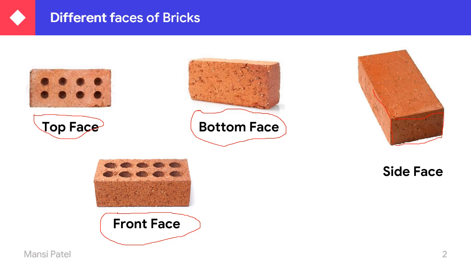Now here we can say this is also the second side face of the brick. So two side faces of brick, then bottom, top and front faces are there. You can see here in each face this brick looks like a cuboid and every face of brick is a rectangle.